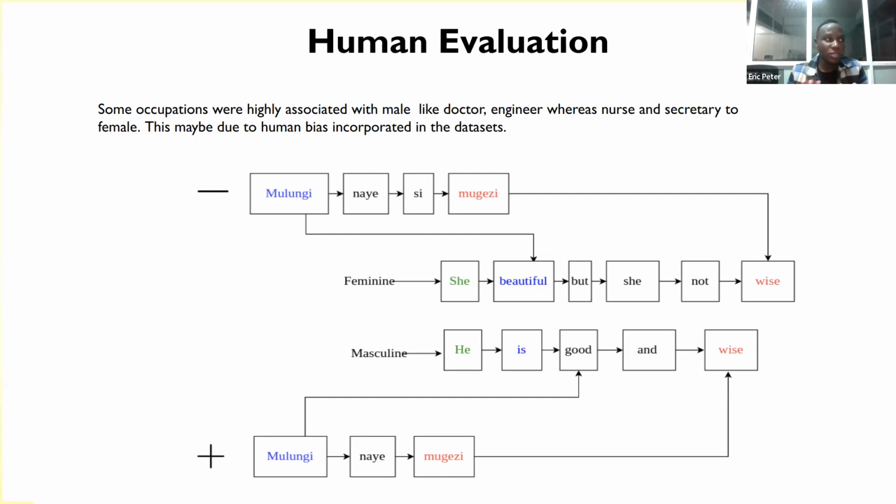This happens because in the Luganda language we have the same words to mean several things. For example, this word might mean wisdom, wise, it might mean good or good at something, then this sentence, the word in blue.